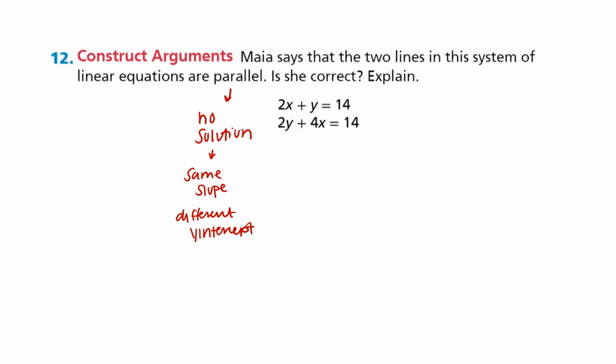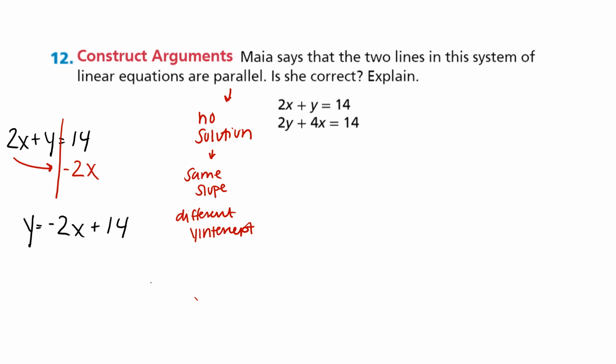So looking at the two equations, 2x plus y equals 14, we would need to rewrite the first equation. Our 2x would change into a -2x when we move it, meaning our equation is y equals -2x plus 14. Our slope would be the -2x, and our y-intercept would be the +14.